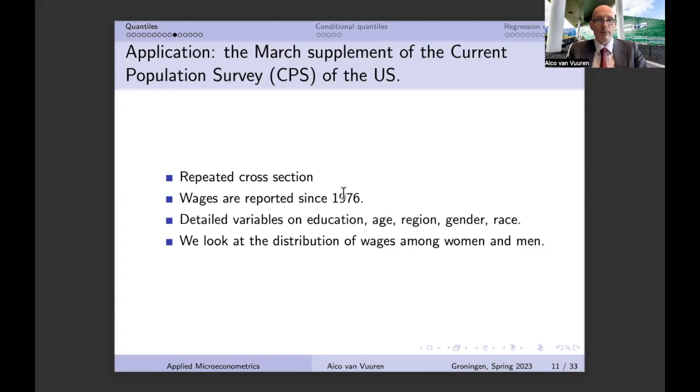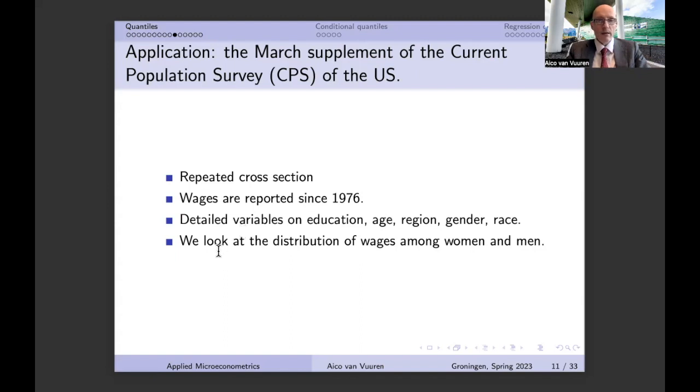And then we have detailed variables on education, age, region, gender, and race. I'm not going to use them over here, but later on I'm going to use these variables in regressions.